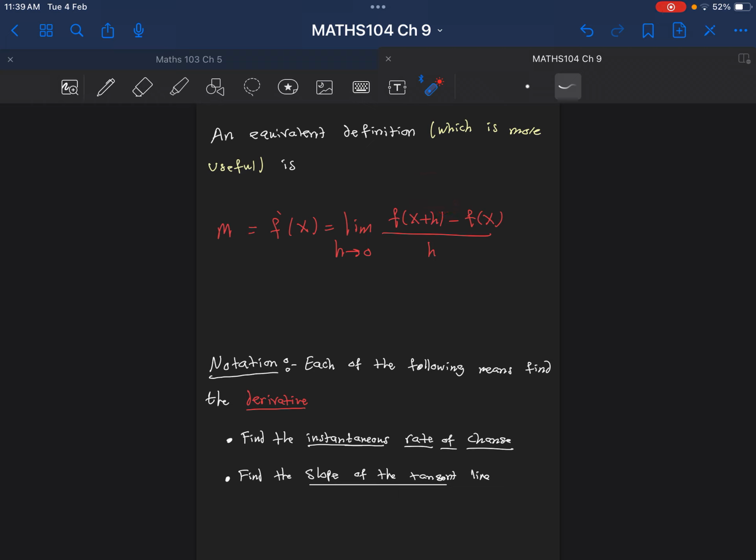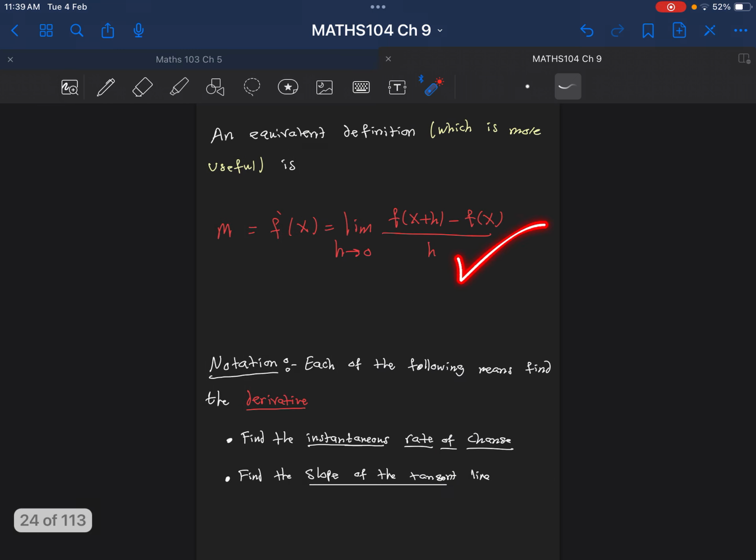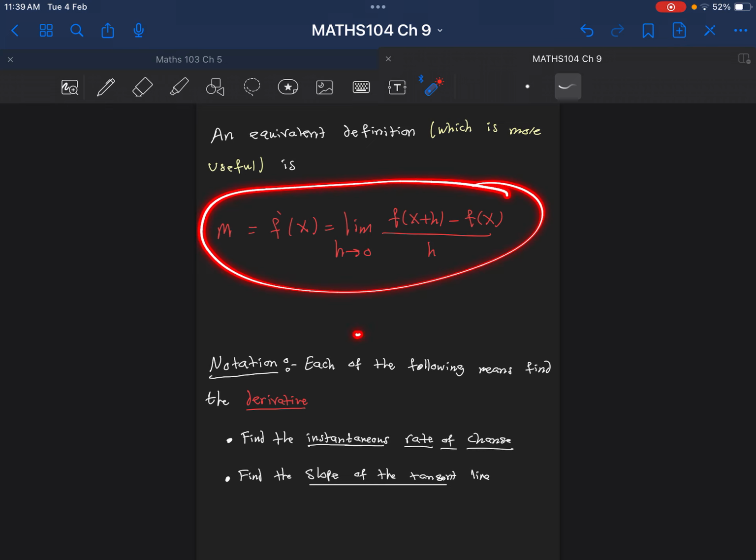So down here I have only one thing, which we call h. And this is the definition of the derivative. In most of the examples we will use this one. Some examples you can use the other one, it's up to you, but this one will be very handy in most examples. So this one you need to memorize.